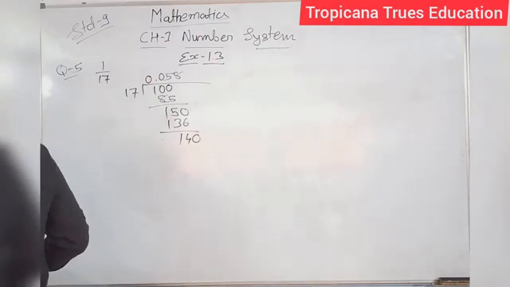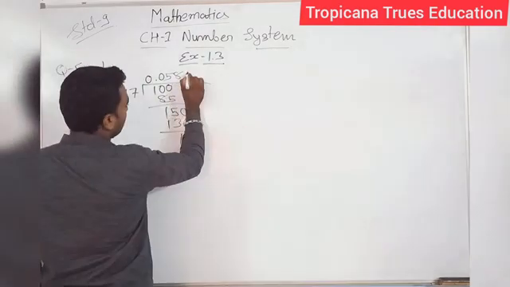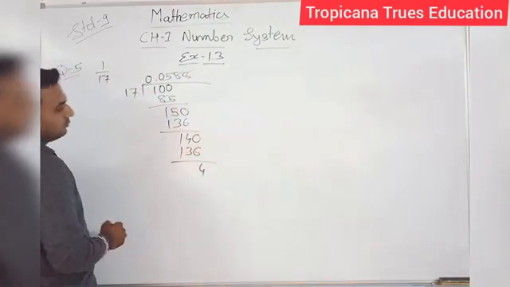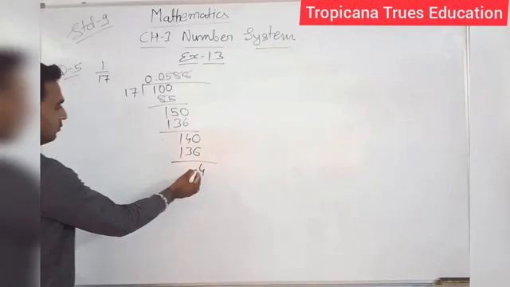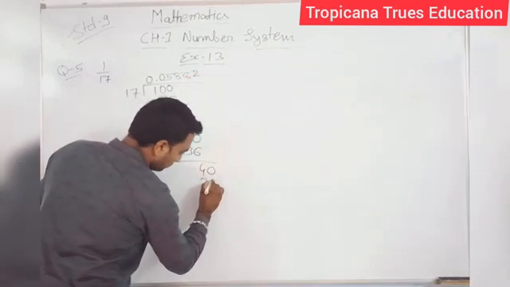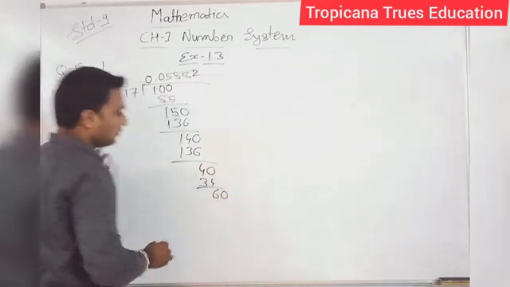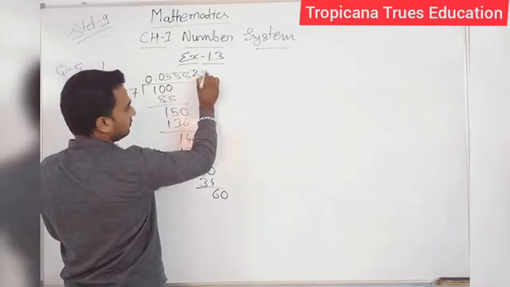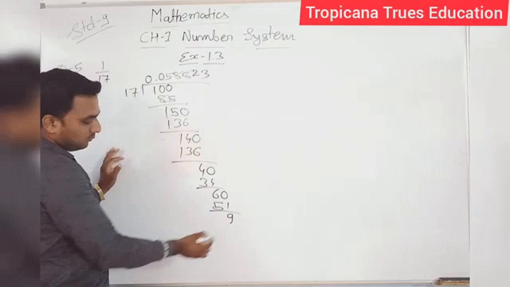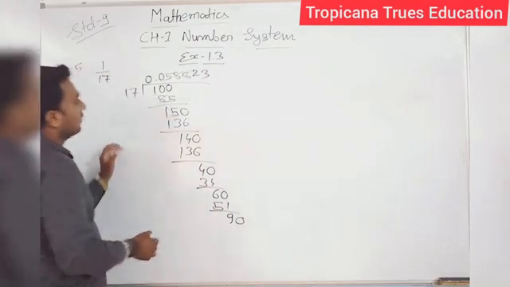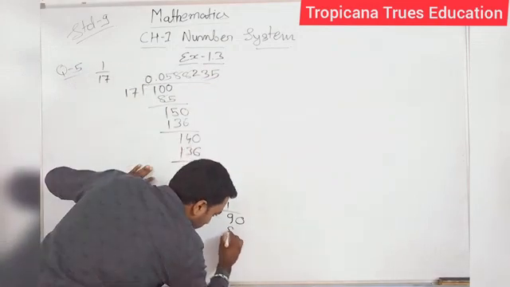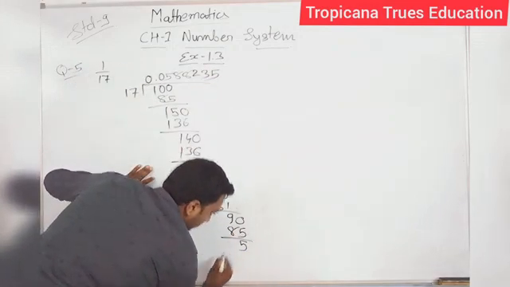So again 140, then 8 times 17 is 136, and again you will get 4. Clear? Again put 0 here: 17 2s are 34, the remainder will be 0. 17 3s are 51, the remainder will be 9, put 0. Again, 17 5s are 85, the remainder will be 5.